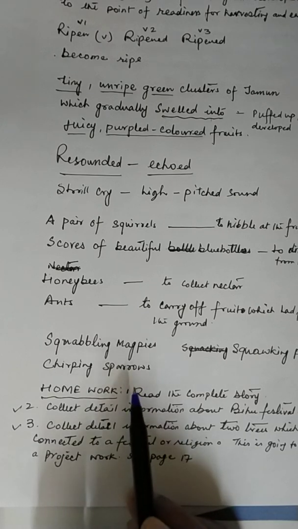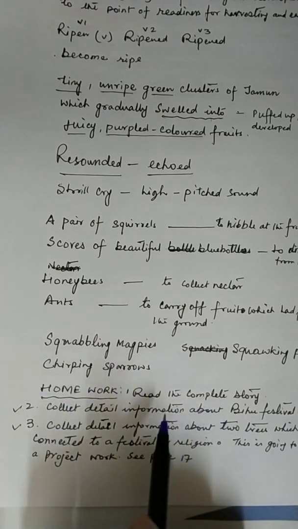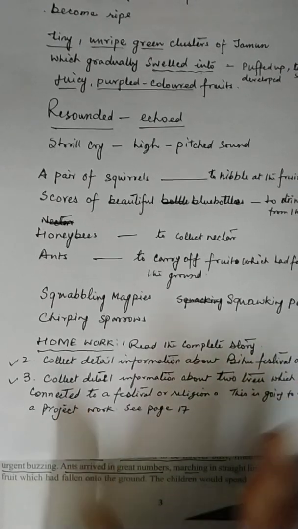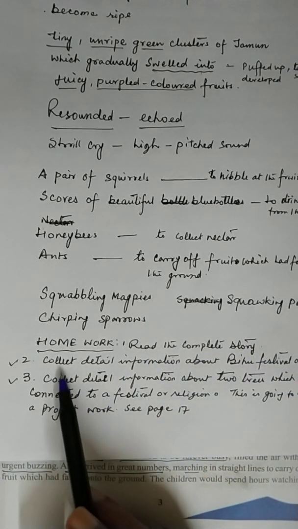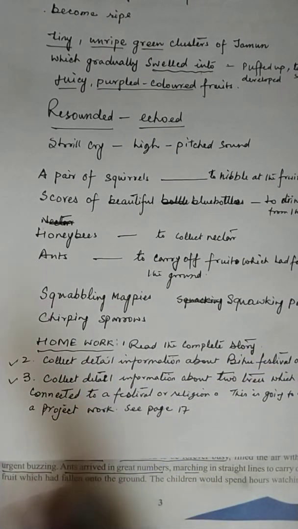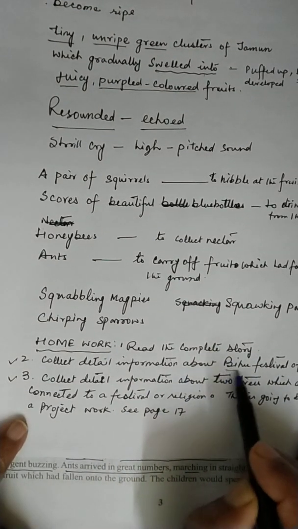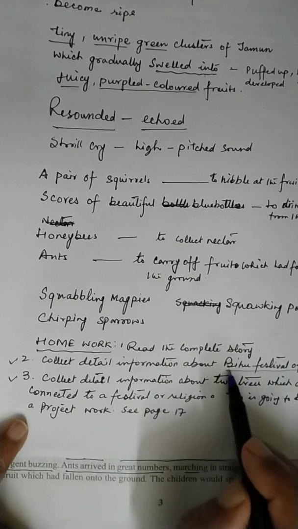So, students, I request you to read the whole story. I will explain the rest of the story in my next video, but I'm giving you some homework here. When you read the story, you will find that the writer mentioned the Bihu festival of Assam in this story.